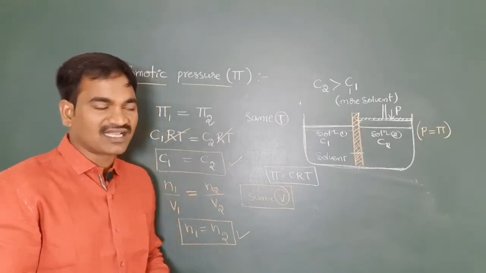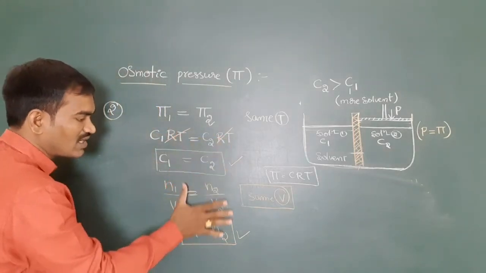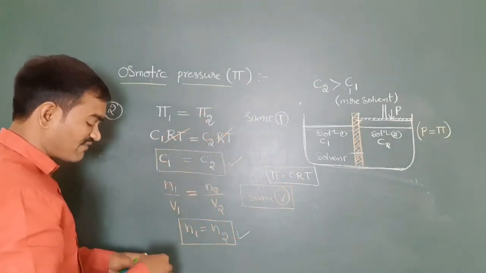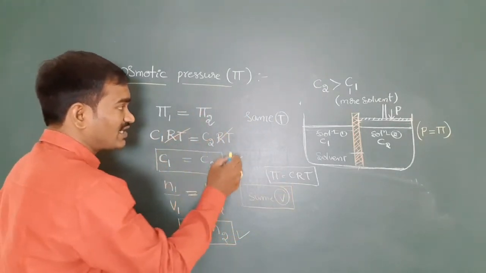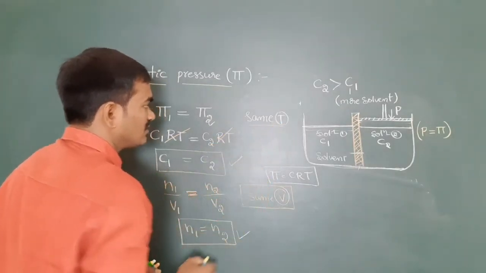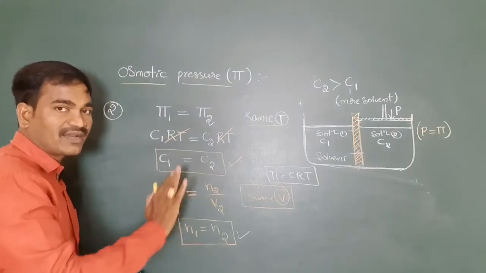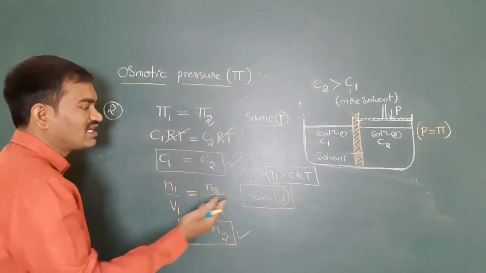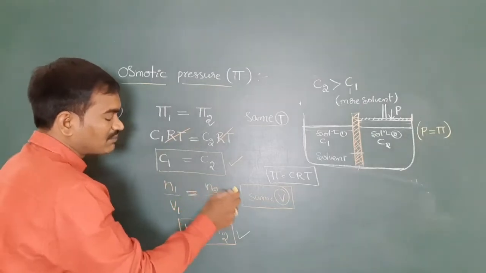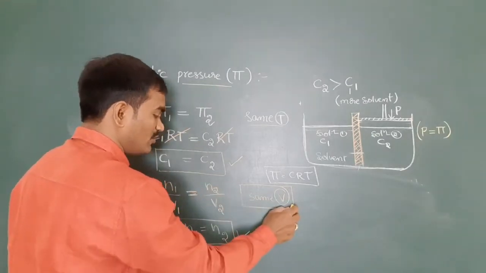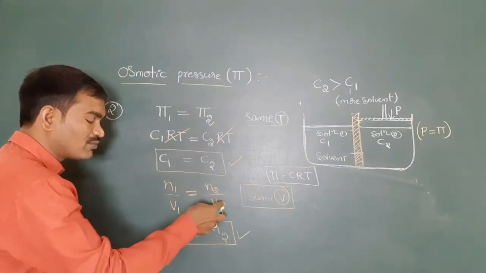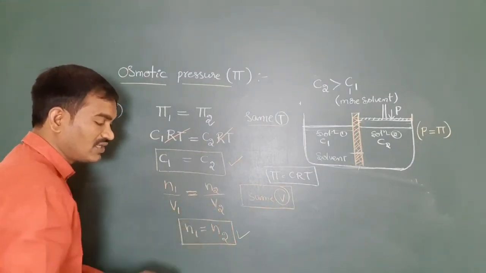Have you got the logic? These are the formulas related to isotonic solutions. You have to see the formula carefully. Generally they give the same temperature; in case there is any difference, you have to apply that difference also. Sometimes they will mention the same volume. Whenever they mention the same volume, V1 is equal to V2 means both get cancelled, so N1 is equal to N2.